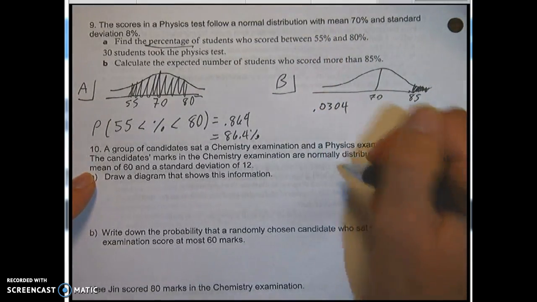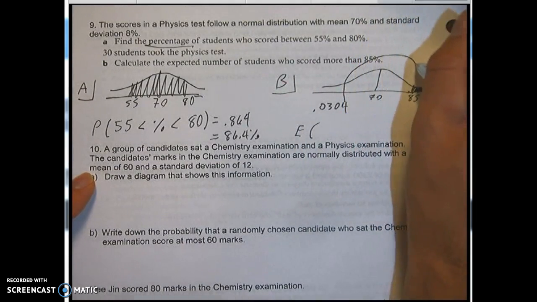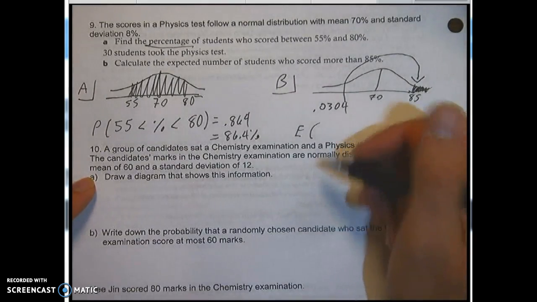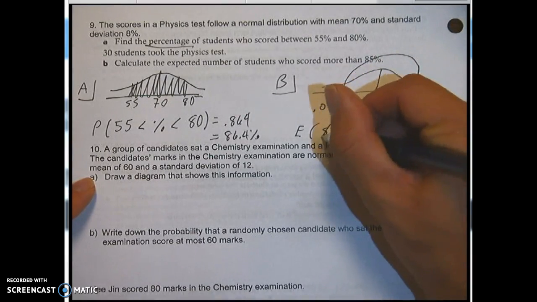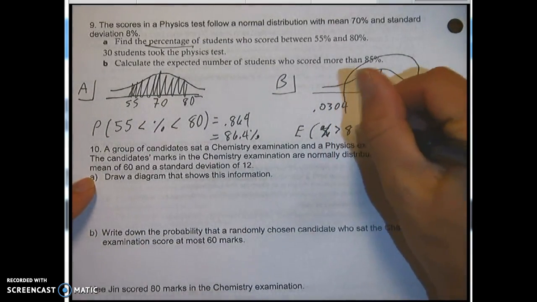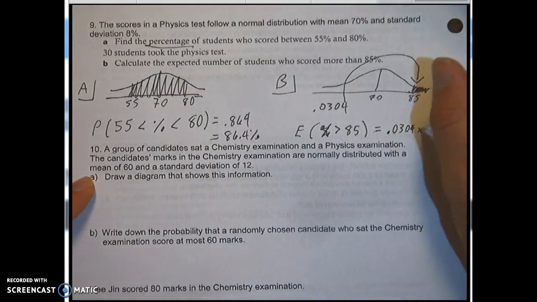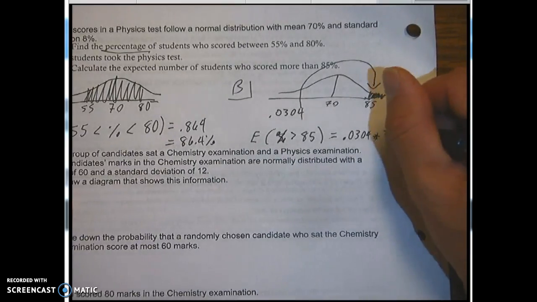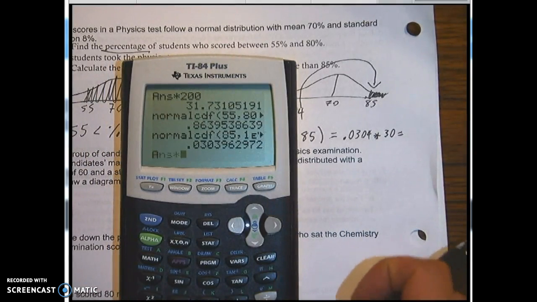0.0304. So to get the expected value, let's draw an arrow. That's that stuff. That's that proportion. To get the expected value of getting a number of students more than 85, so let's say students is greater than, or I guess percentage greater than 85, you take the proportion, you multiply it by the number of students, which they said is 30, and I'm just going to multiply them.